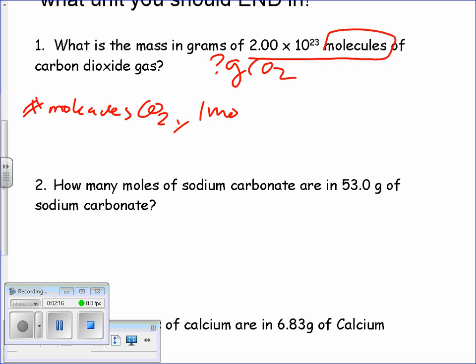So you would put 1 mole of CO2 on top and then molecules on bottom, but with molecules of CO2 you would put 6.022 times 10 to the 23rd. Okay, so then I'm in moles, which is great. Give me to grams. How would I get from moles to grams?